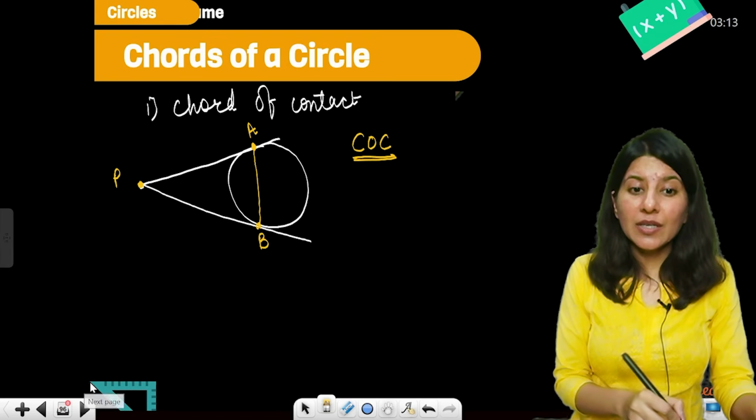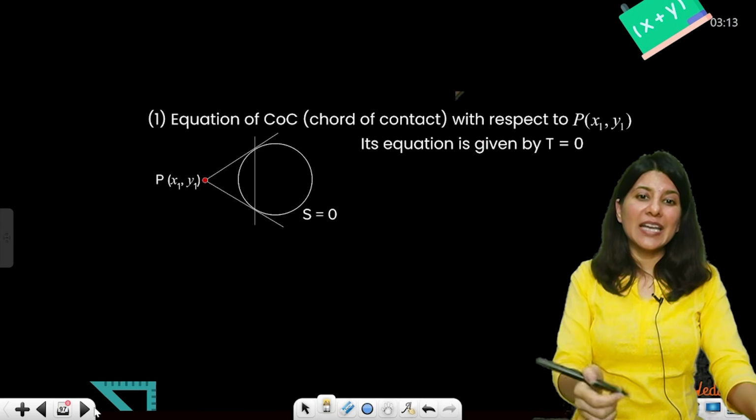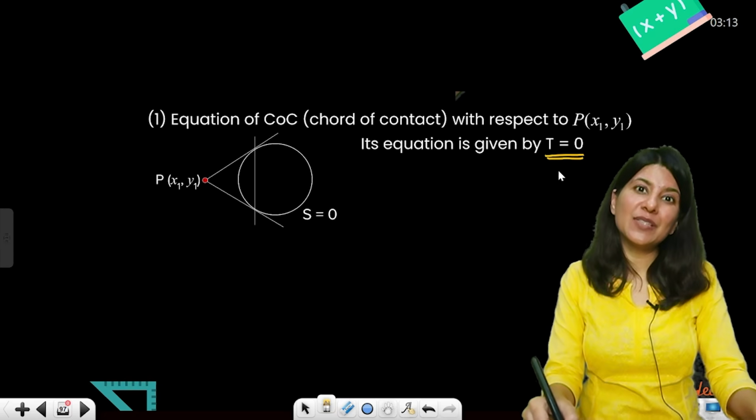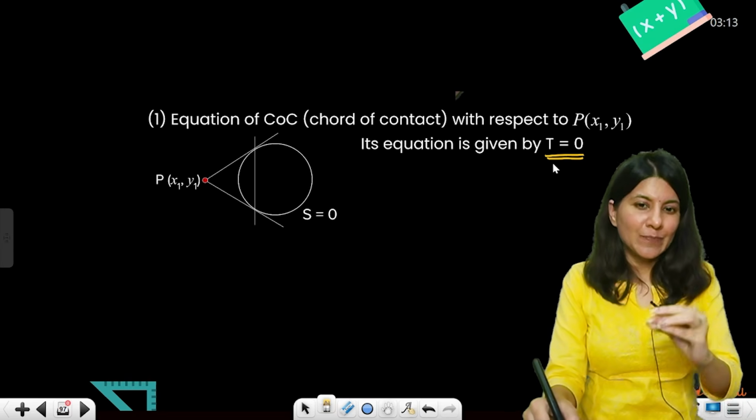Now, how to write the equation of chord of contact? You will be surprised to know that the chord of contact equation is also given by T is equal to 0. Now, you must be confused. You must be wondering, ma'am, hold on.